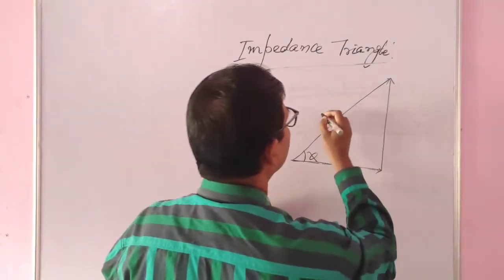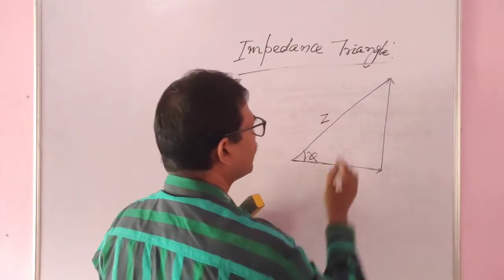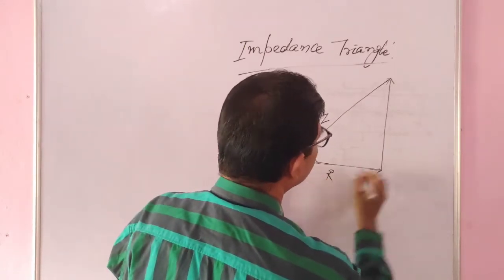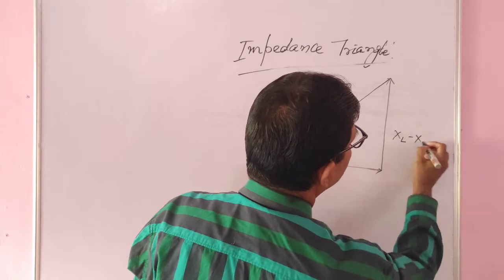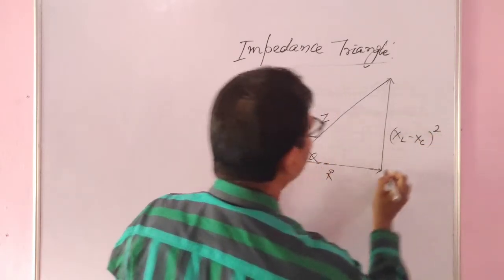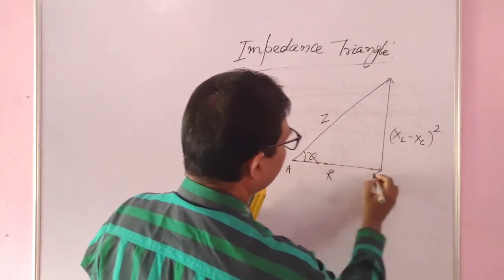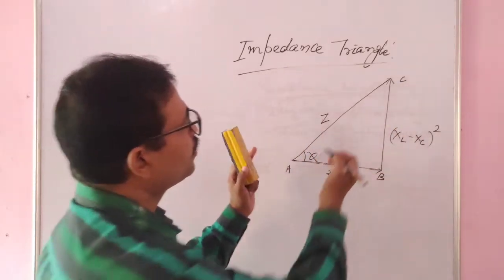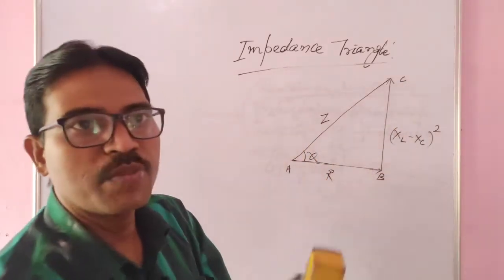This is the resultant, represented as Z, this is R, this is XL minus XC. You can label it A, B, C. So it represents the impedance triangle.